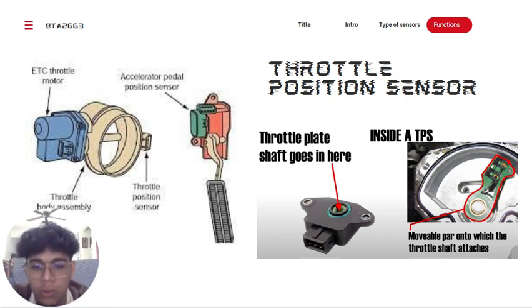In the throttle position sensor, the throttle plate shaft is connected directly to the variable resistor. Slightly different positions of the throttle plate will have different resistance output, which are then measured and converted into a useful signal for the ECU by the onboard electronics of the throttle position sensor.